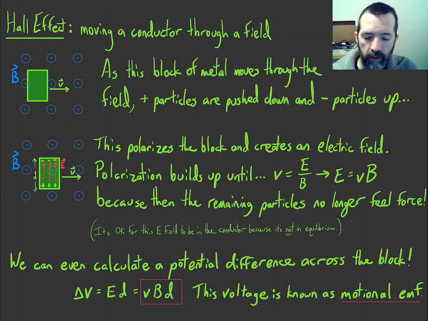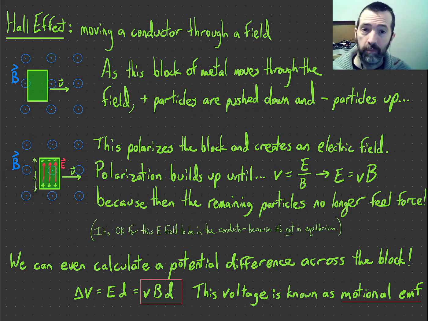So the idea is that as this electric field gets stronger and stronger, there will come a point where, if I imagine some new charged particle, if I'm thinking about this electron here in the middle of the block, the electric field is strong enough that the net force on this electron is 0. There's still going to be an upward magnetic force, but the electric field exerts a downward force on it.